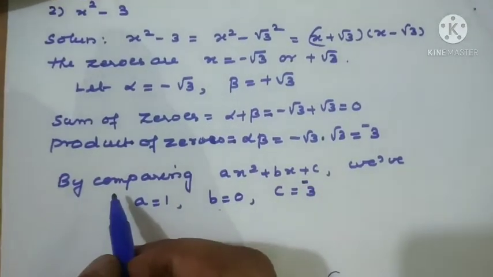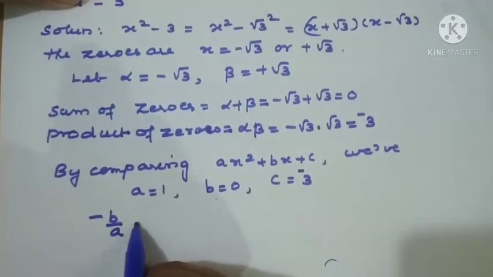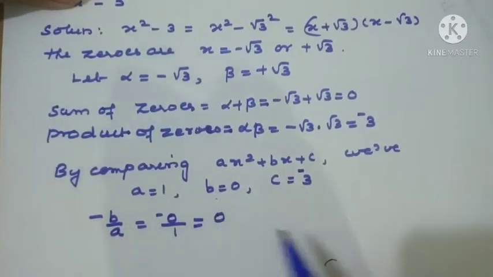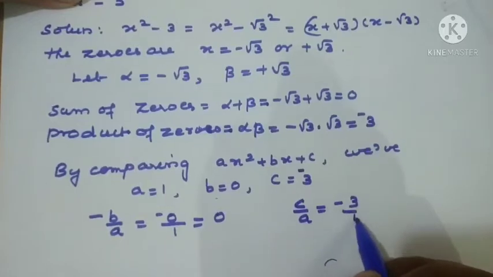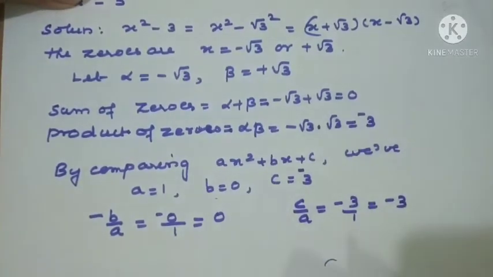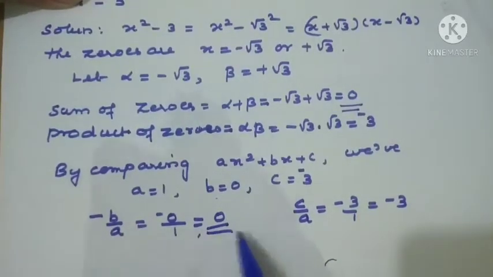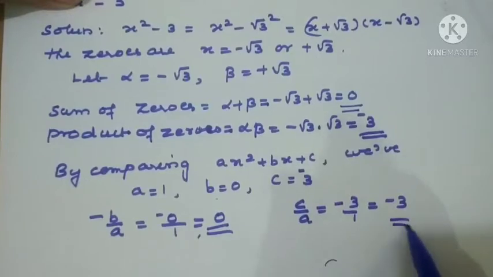Now what is the next step? We should calculate minus b by a: 0 by 1, 0 only, and c by a, minus 3 by 1, which is equal to minus 3. So what we got here? Sum of the zeros is 0 and minus b by a is 0, and product of the zeros is minus 3, here also minus 3.